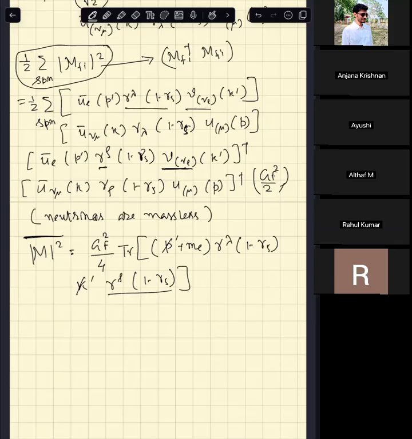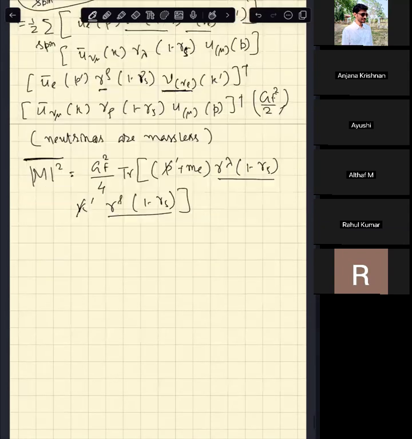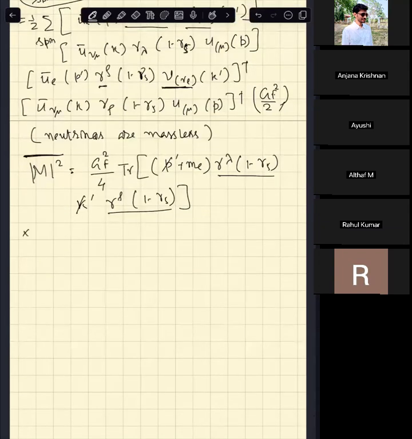And here I have assumed that neutrinos are massless, so the K prime, which is the neutrino momentum, is not accompanied by any mass of the neutrino, but the electron will have. Then another term, which is on the muon sector, is K slash, gamma lambda, 1 minus gamma 5, P slash plus M mu, gamma rho, 1 minus gamma 5.